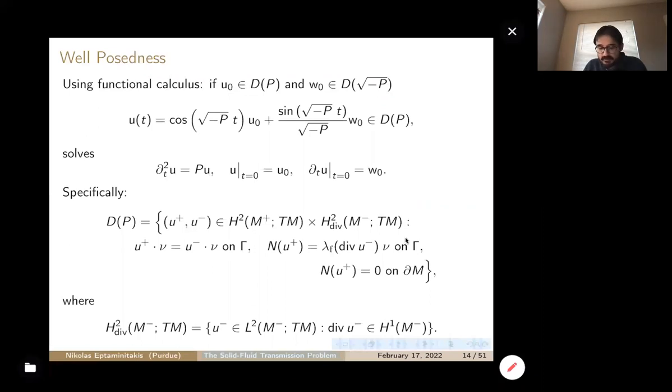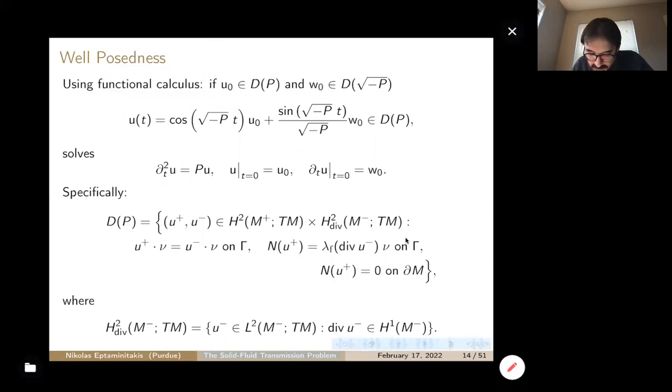And here it turns out that the self-adjoint domain of this operator is H2 regularity in the solid, and it is this space in the fluid, which is L2 with H1 divergence, and with transmission conditions, which one can check that they actually make sense for the regularity that we have in the interior.